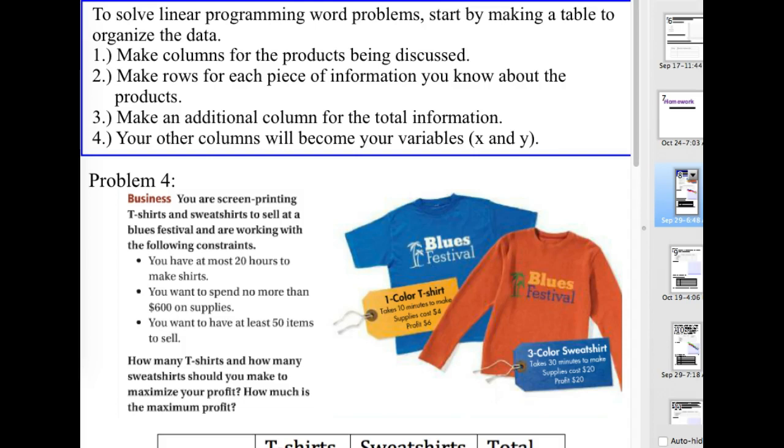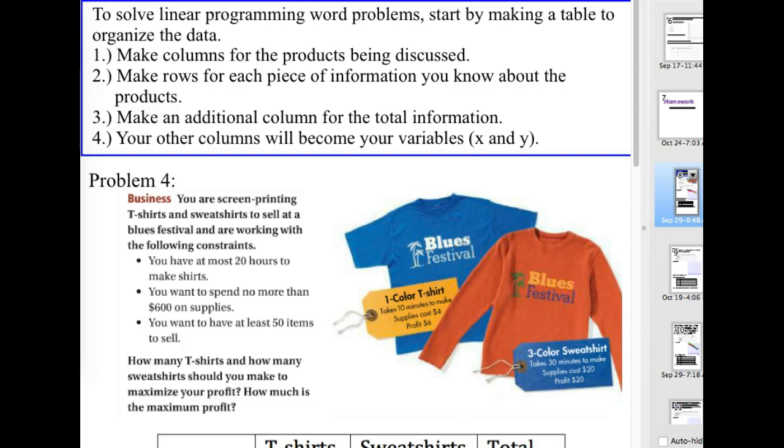Okay, all right, so the process when you have a word problem, you're going to create a chart, basically a table, to organize all of your data. The columns should be the products being discussed. So for example, if it's talking about we're going to make some tables and chairs, okay, tables would be one column, chairs would be another column.